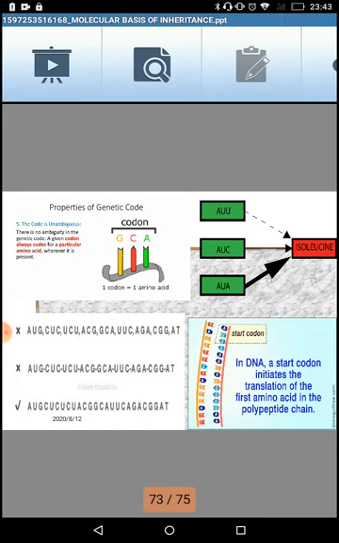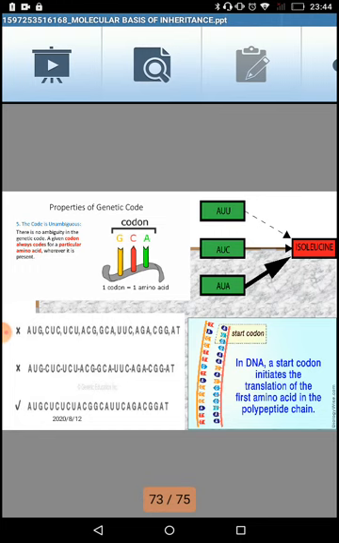So isoleucine is one amino acid which can be coded by different codons, but at a time one codon will code only one amino acid, that is the unambiguous nature, and many codons can code one amino acid, that is called the degenerative nature of the genetic code.